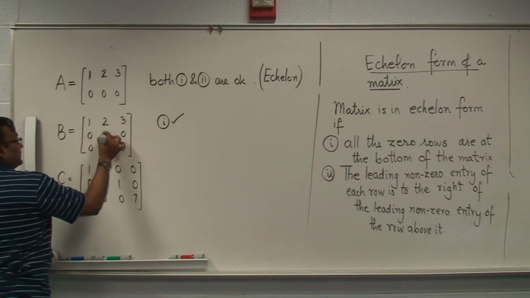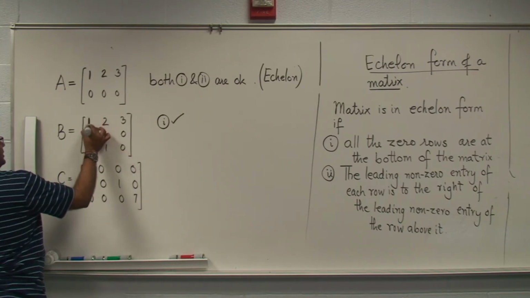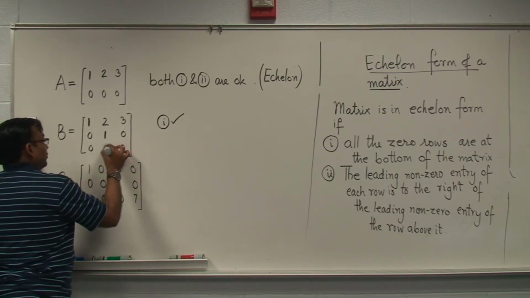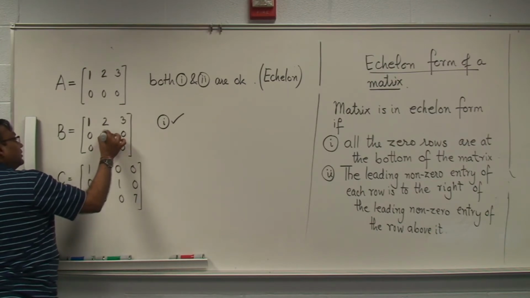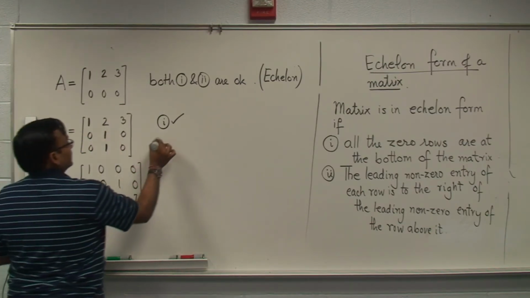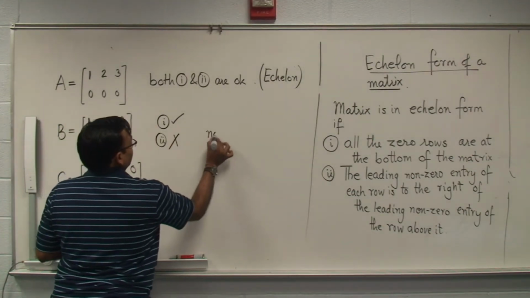If I look at this row, the leading non-zero entry is 1. It is to the right of the leading non-zero entry of the row above it, which is okay, at least in this case. But if I look at row 3, the leading non-zero entry is here, which is not to the right of the leading non-zero entry of the second row. Hence, it does not satisfy the second criteria. So that means this is not echelon form.